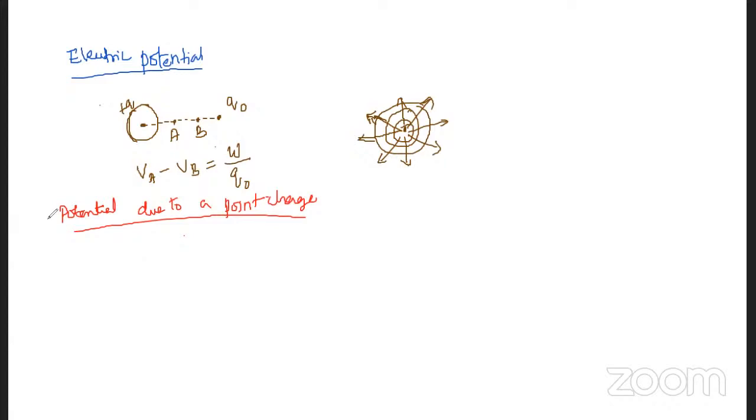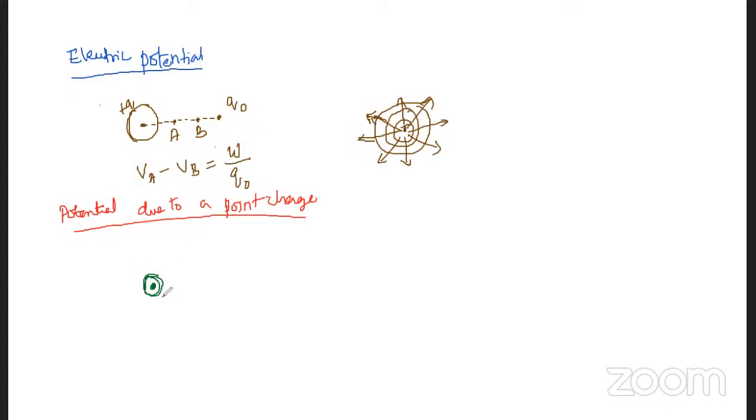So this is the point charge we have considered here, which is plus Q. As it is a positive charge, the electric lines of force will always be directed away from it.